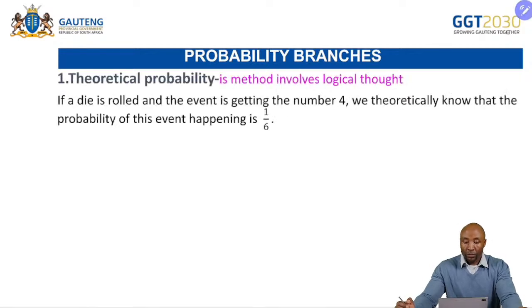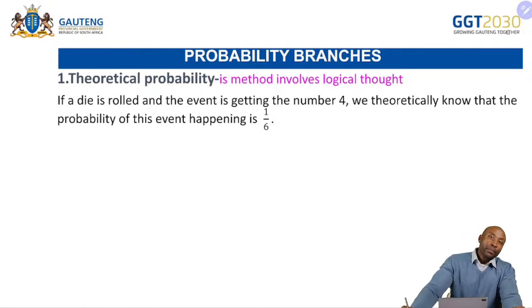We move on to probability branches. We have two branches of probability. We have theoretical probability. This one involves logical thought. I've given you an example of a coin. If I toss a coin that has two sides, the probability of me getting tails will be 1/2.